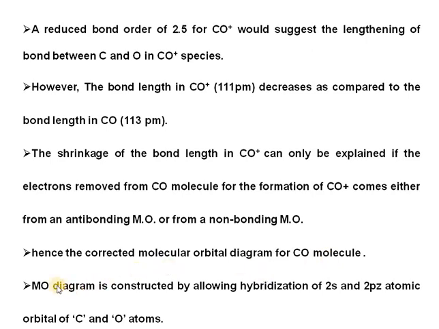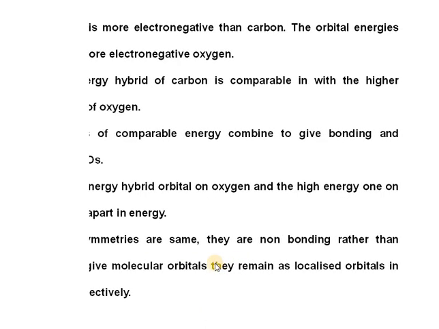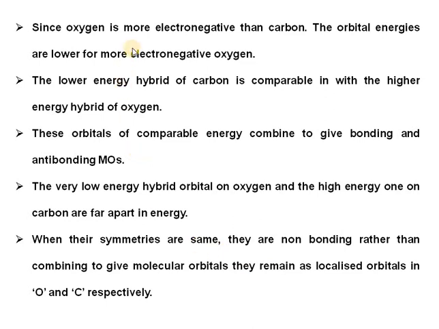The molecular orbital diagram can be constructed by allowing hybridization of the 2s and 2pz atomic orbitals of carbon and oxygen. You know that oxygen is more electronegative than carbon, and therefore the orbital energies are lower for the more electronegative oxygen atom.